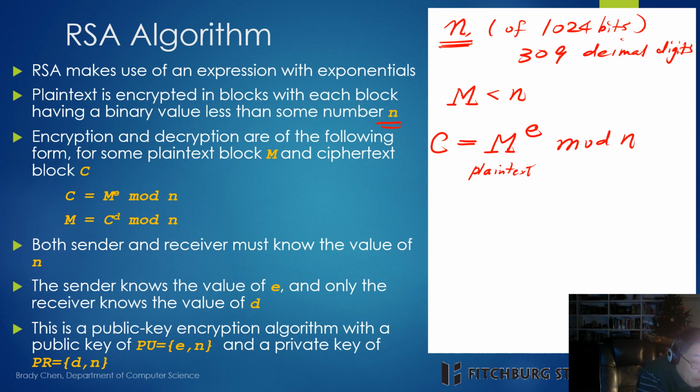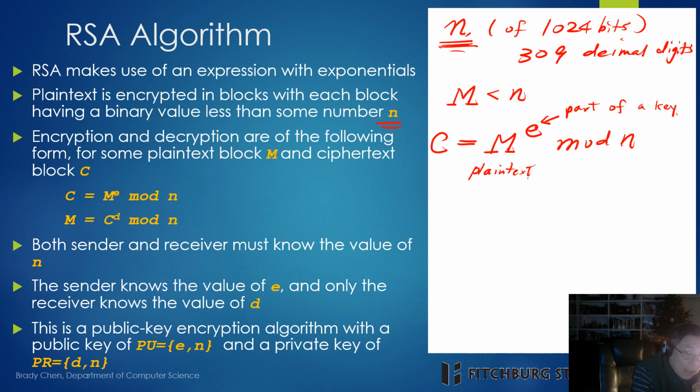M is the plain text. N is the number we select, a huge number. And what is E? E is supposed to be part of a key. It could be part of the public key or part of the private key, so it must be part of a key.